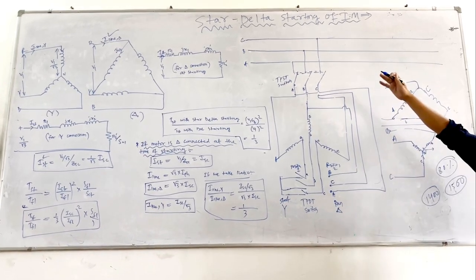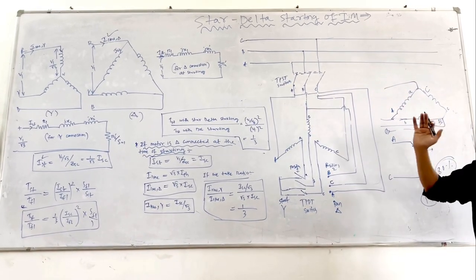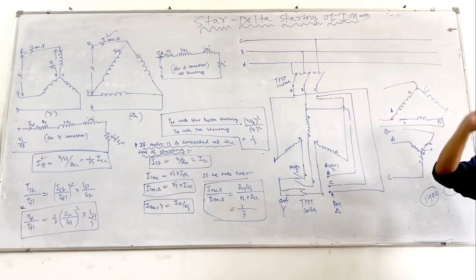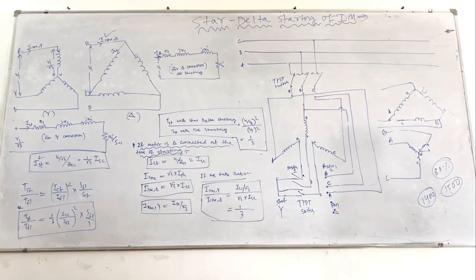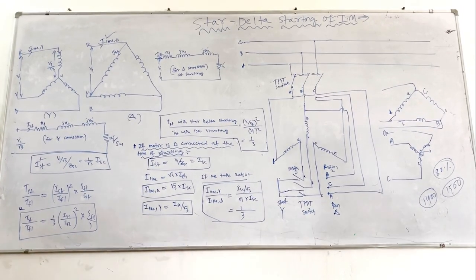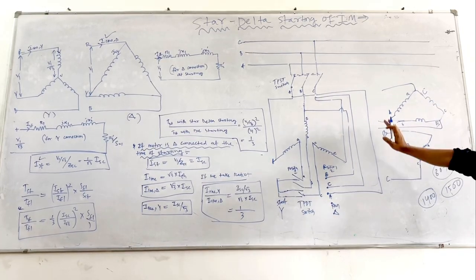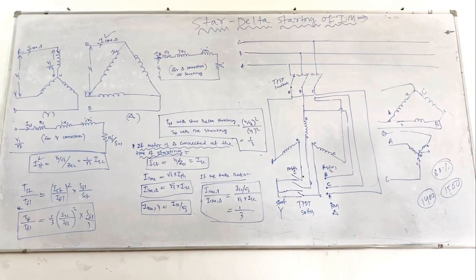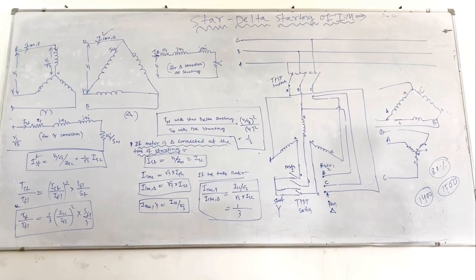You are not isolating the supply. Without disconnecting the supply, you convert the star connected winding to a delta connected winding. That is the advantage of this method of conversion. Okay, everyone understood? Thank you.